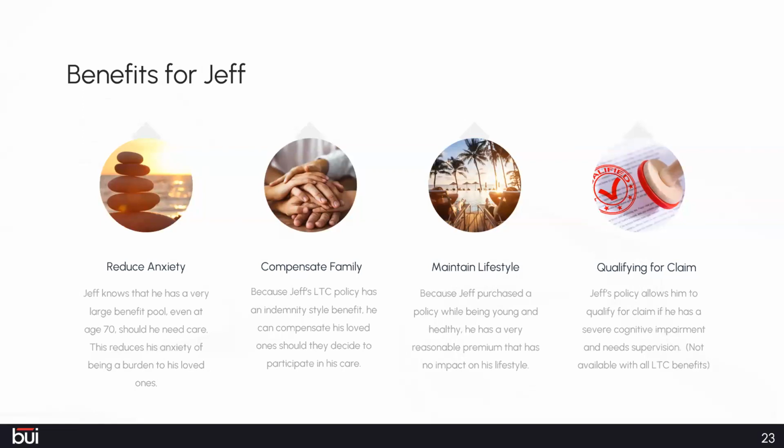And that's an important note because when you see state-funded long-term care proposals and some of the proposals that have been proposed at a federal level, cognitive impairment is one of the activities of daily living and not necessarily an independent qualifier. So a big benefit for Jeff, given his level of concern and his family history.